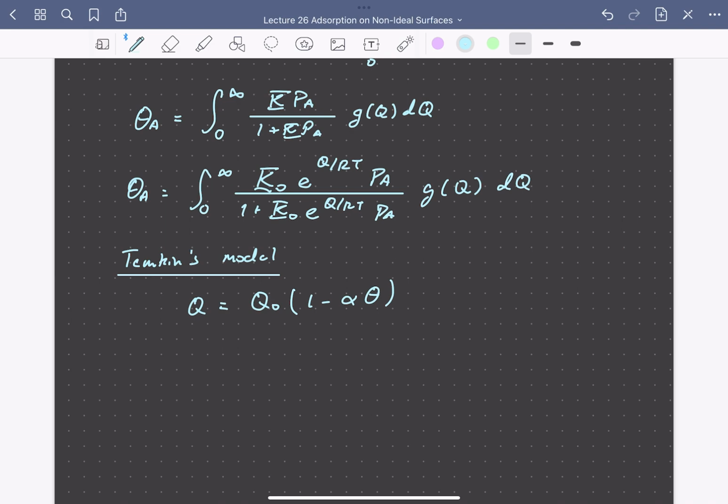So this is conceptually how we can treat non-ideal adsorption on catalytic surfaces, and some ways mathematically that we can do this: by treating the heat of adsorption as either a discrete function with different fractions of the surface having different heats of adsorption, or as a continuous function where the heat of adsorption changes continuously with coverage.